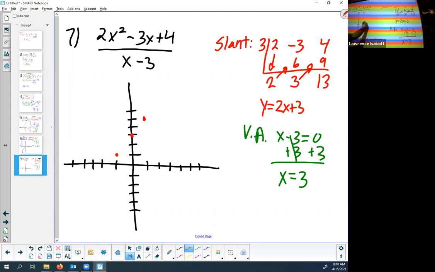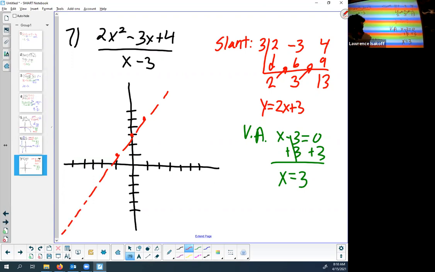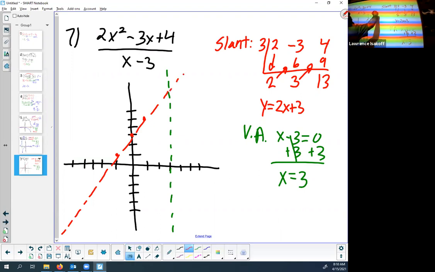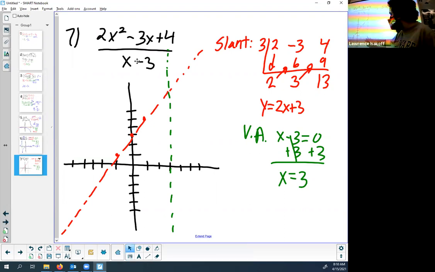So that should look something like so. And then at x equals 3, that's going to be way up here. So that tells me I probably want to expand this out just a little bit. Expand this up a little bit. And now I just see where it's located.